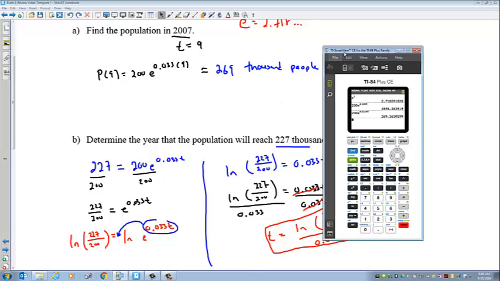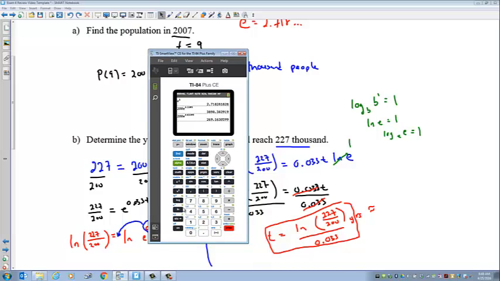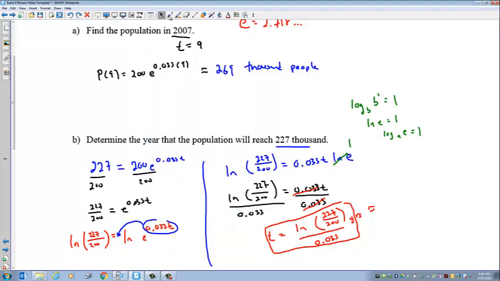So what can I approximate it to? Let's see, I have ln of 227 divided by 200 in parentheses divided by 0.033. And so that's about 3.8 years. So if you want, you could write down approximately 3.8 years.